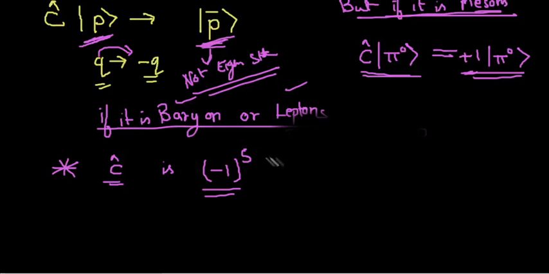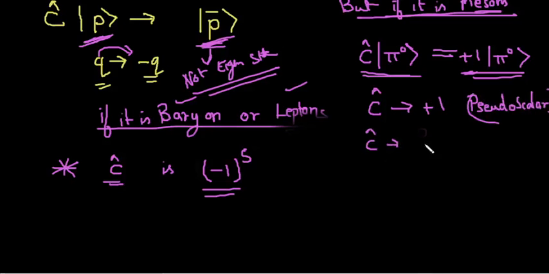For pseudoscalar mesons it is 0, so for all pseudoscalars the eigenvalue for C is plus 1. But for vectors, the charge conjugation will be minus 1, because S is 1, for all vectors.